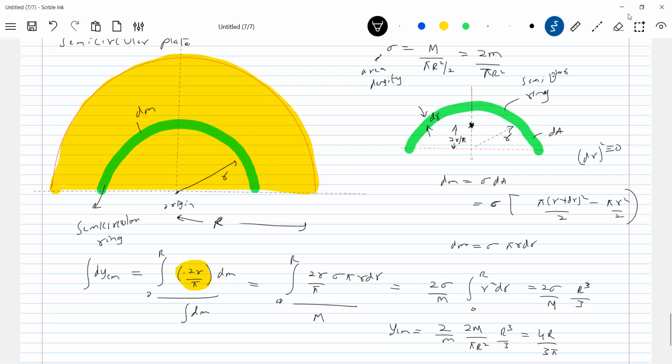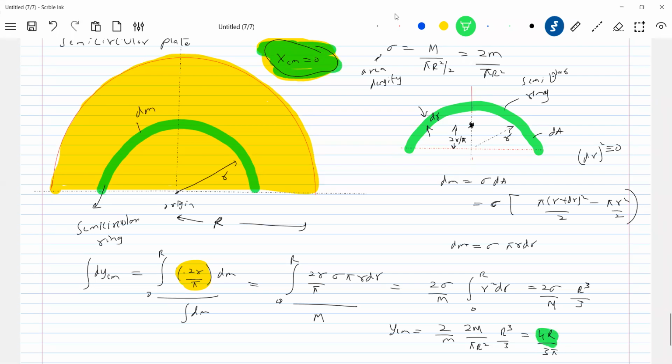Now what about the x coordinate? The x coordinate will be 0. Xcm will be 0 because the mass is distributed symmetrically about the y-axis.